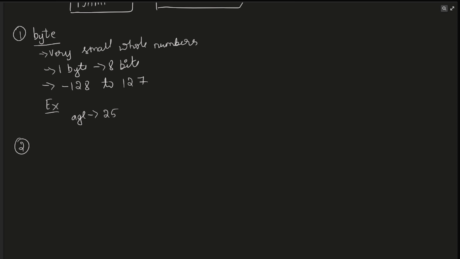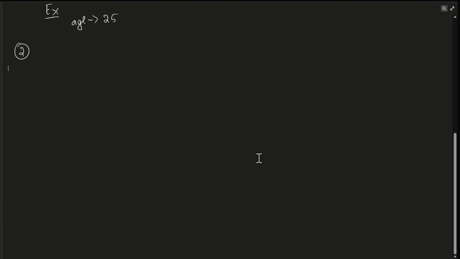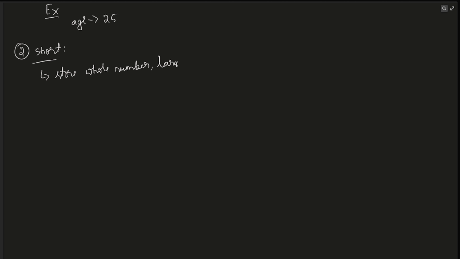The second primitive data type we have is short. Short data type stores small whole numbers but larger than byte.